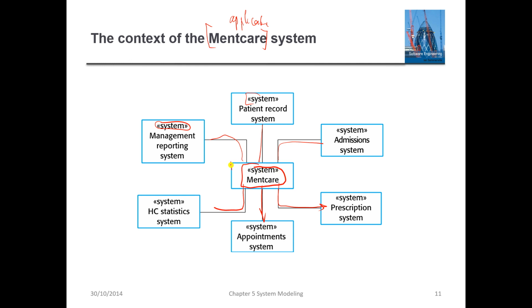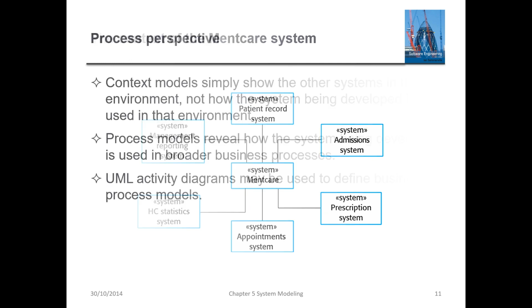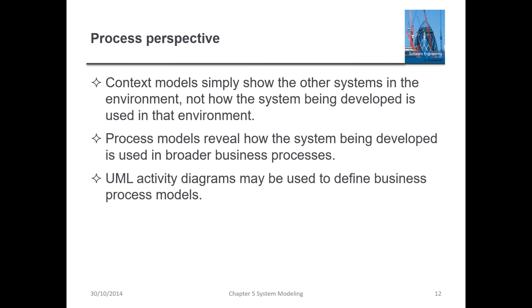So you define a boundary. Here is the boundary. If you group some similar functions into this packet or this packet, we call it a boundary. Process perspective. A context model simply shows all the systems in the environment, not how the system being developed works in that environment. It just shows the context, shows the other models, not the coding.